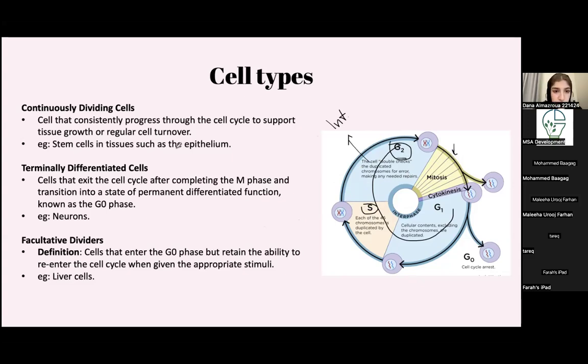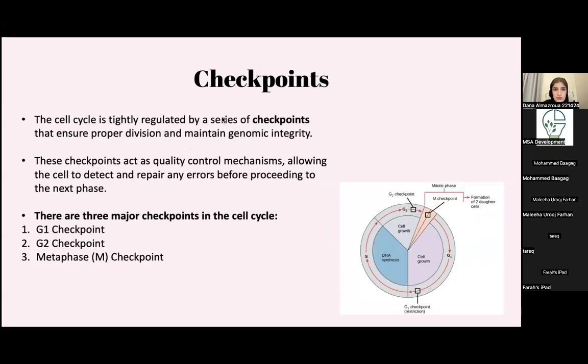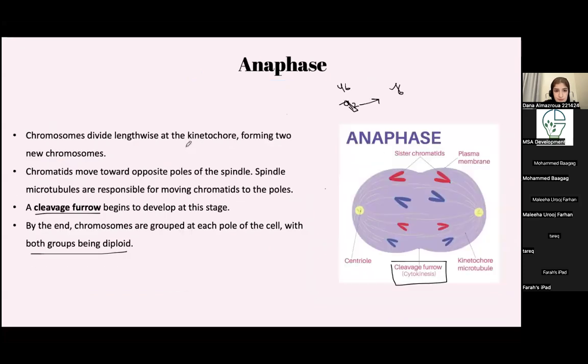Now, another question: in anaphase, is it 46 chromosomes and 92 chromatids? Let's go to anaphase, one second. In anaphase, it is the process of dividing your 92 chromatids into 46. So this is not a question that would come, because it starts as 92 and then it divides into 46, but it's not entirely divided.